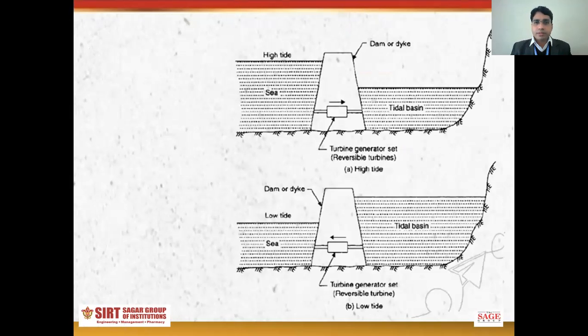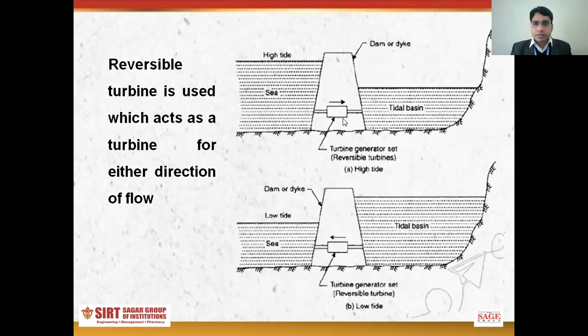Now this is the tidal power plant. Here you can see that with the help of this power plant, we can produce electricity. In this plant, we use a reversible turbine, which acts as a turbine for either direction of the flow. This one is for high tide and this one is for low tide.